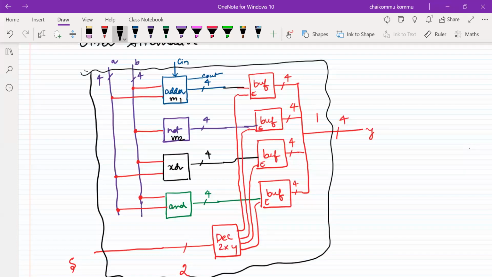Better I will take another color. M1, M2, M3, M4, and this is M5, M6, M7, M8, M9. So 9 modules are there, right? So let us take the 9 modules one by one.